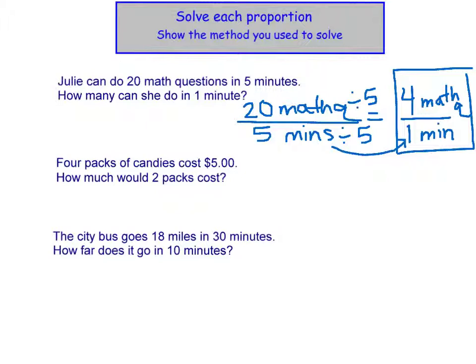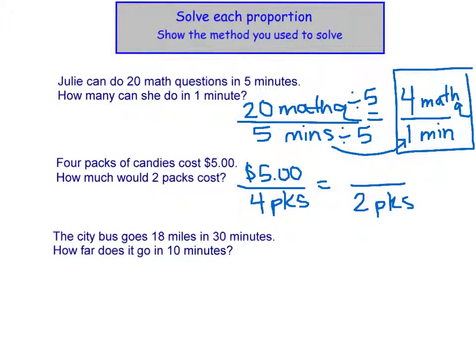Our next question states, 4 packs of candies cost $5. How much would 2 packs cost? So we're going to set it up. Remember, price over size. So we have $5 over 4 packs. And we're setting that equal to how much 2 packs would cost. And I know when you look left to right, our brain kind of gets trained to go left to right. But if we wanted to, we could go the other direction and multiply 2 times 2 and get back to 4.